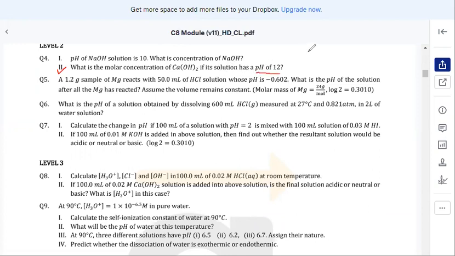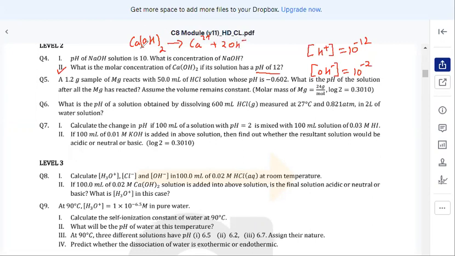Again, pH is 12. So the concentration of H plus is 10 to the power minus 12. Easy. So the concentration of OH minus is 10 to the power minus 2, right? Now we know that Ca(OH)2 will dissociate like this: Ca2+ plus 2OH minus.